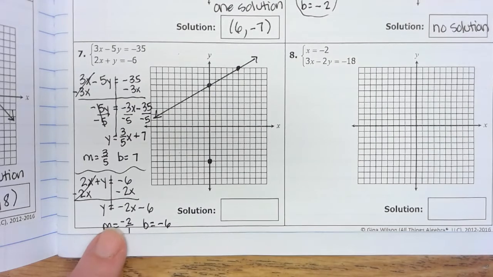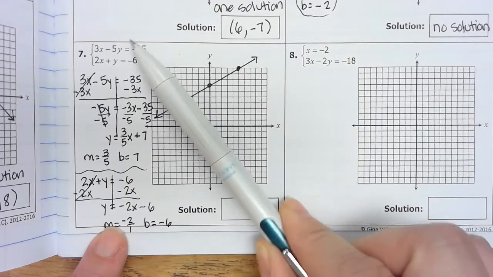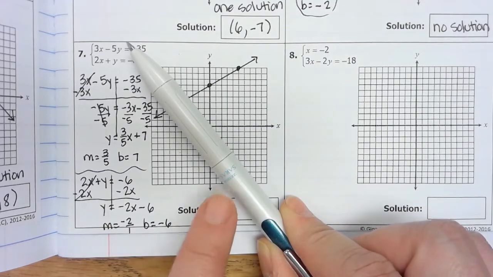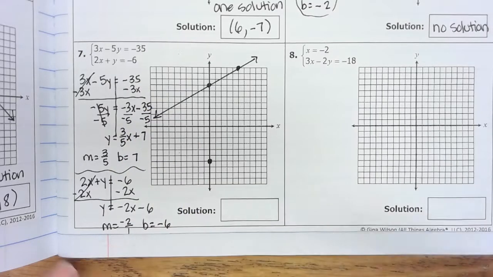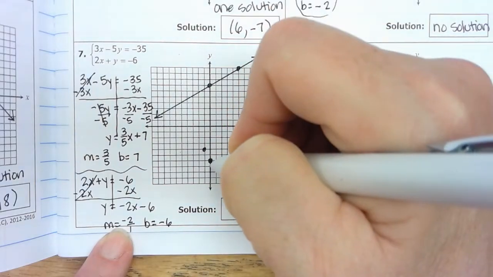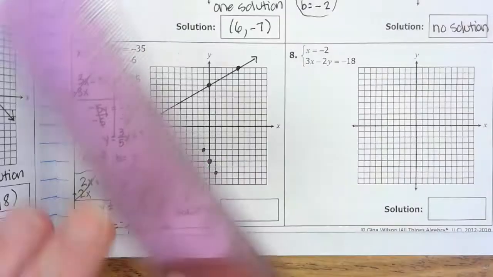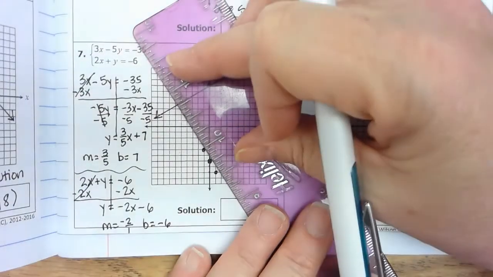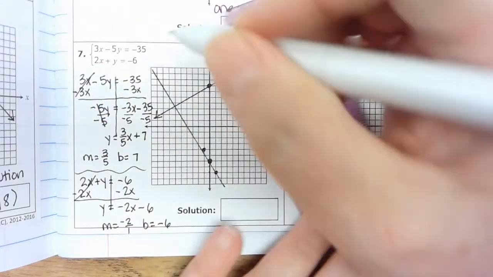Our slope is negative 2. That means I know that my line has to angle this way. So I can either go up and to the left, or I can go down and to the right. Whichever way you want to go, that's going to make you happy. But that will just make sure that your line is tilted in the right direction. And you will have a line that looks like this.